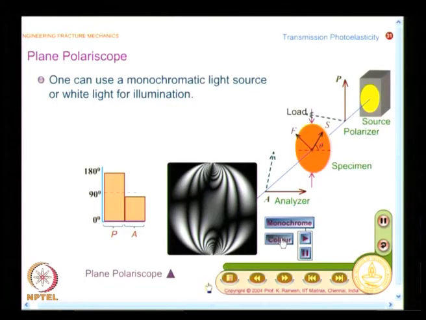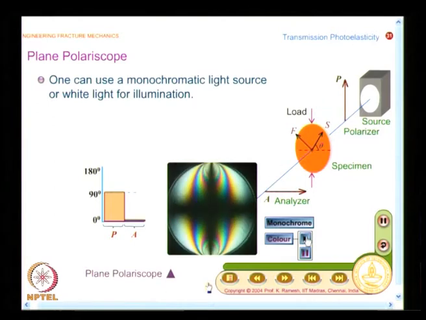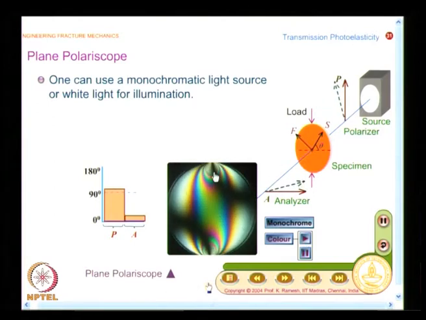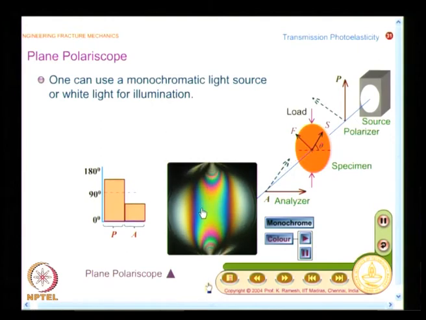So now I go for a polychromatic light source, and as I said, these are colored. I have not provided the reason for this, but this I have already provided. When I rotate the polarizer and analyzer, you have this as a black contour. It is independent of wavelength, because those contours come when your polarizer and analyzer coincide with the principal stress direction at the point of interest.